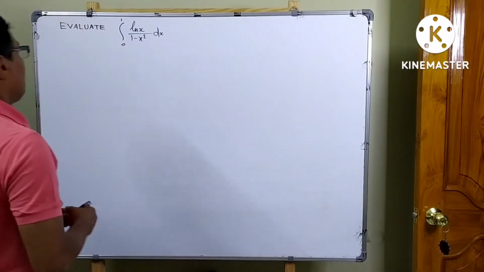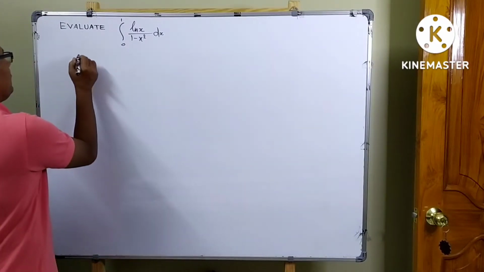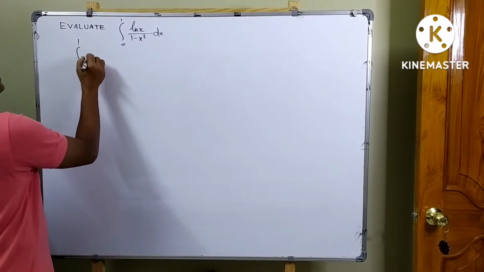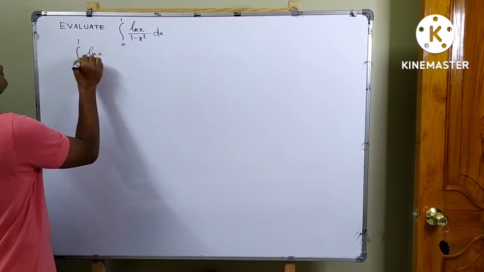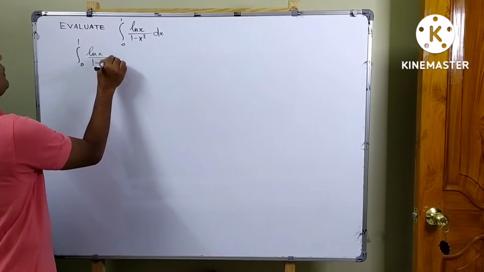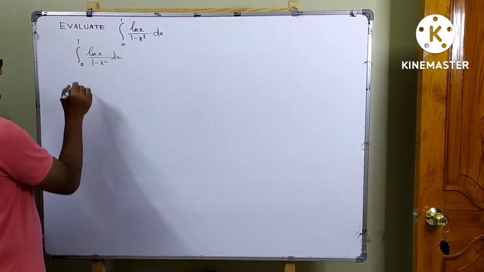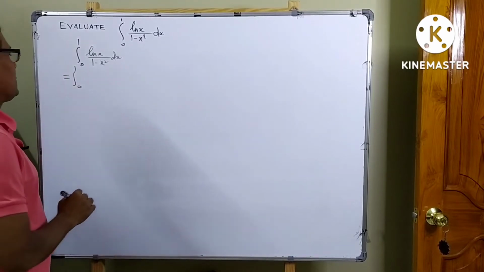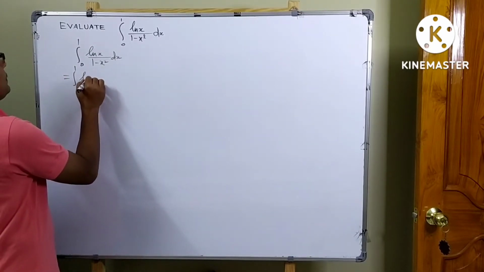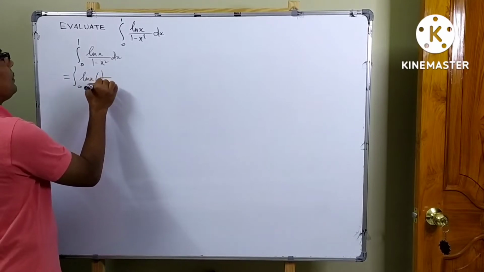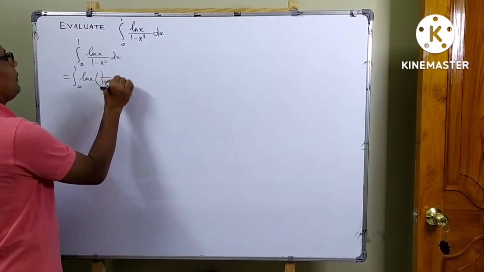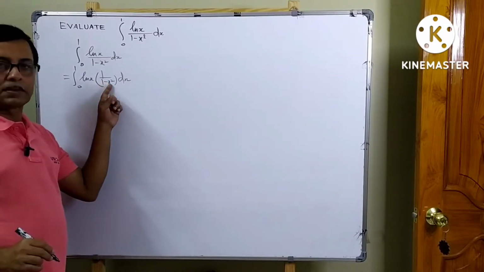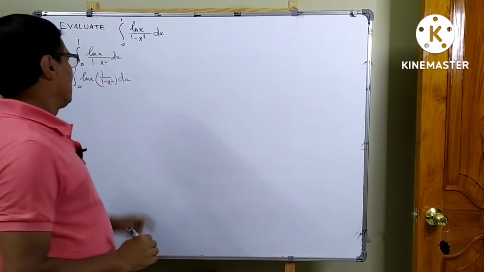Now, we can write the integral from 0 to 1 of natural logarithm x over 1 minus x square dx. Now we can use the series expansion of the function 1 over 1 minus x square.